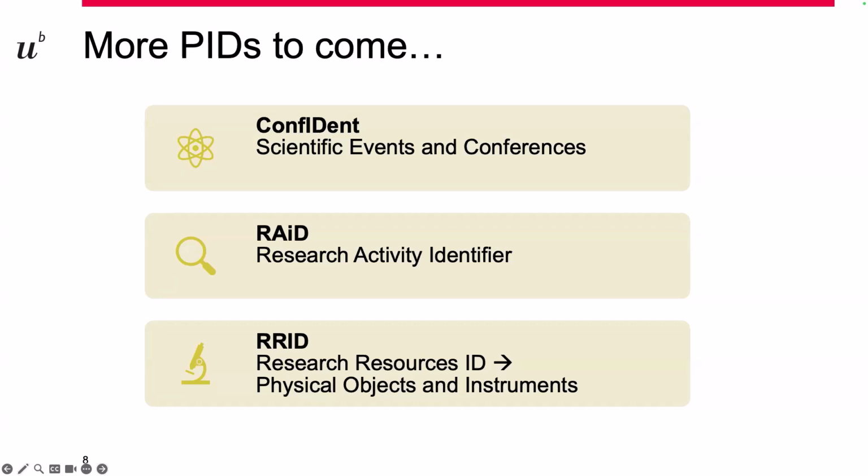This should make it easier to properly cite and track the impact of those events also over time. I know some of you might know it is also possible to assign a DOI to a presentation or a poster, but I think the idea of CONFIDENT is really to be specific that this presentation belongs to this conference, so they would like to track it accordingly.